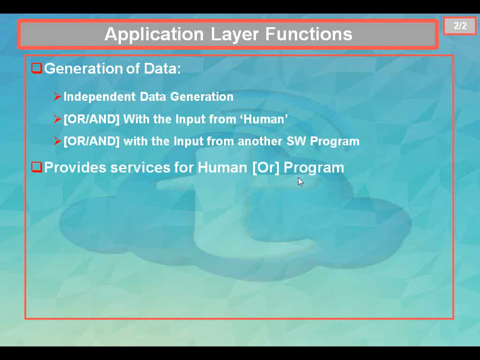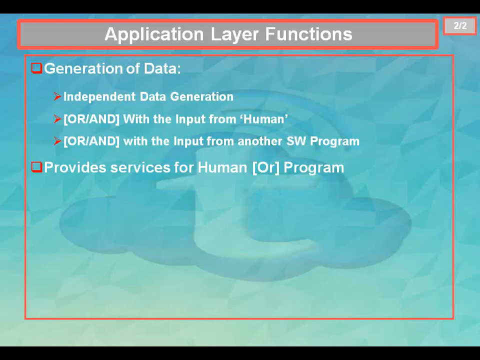Provides services for human or program. What is the meaning of service? Out of all the layers that are present, the only layer that provides service to a human is application. What about the presentation layer, session layer, transport layer and all that? No. Presentation, session, transport, network, data link and physical services are going to be used by application.